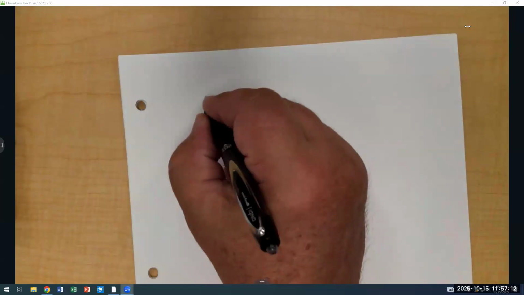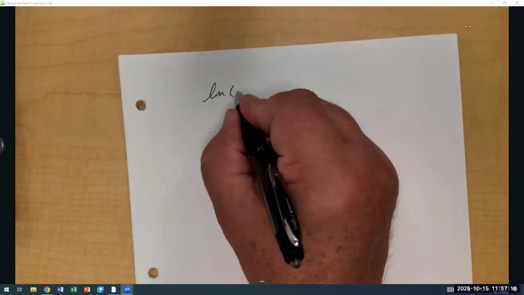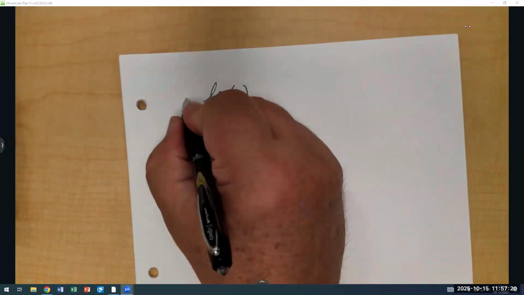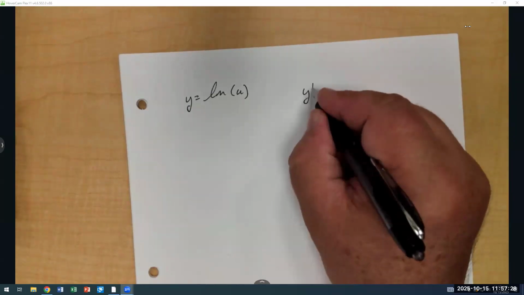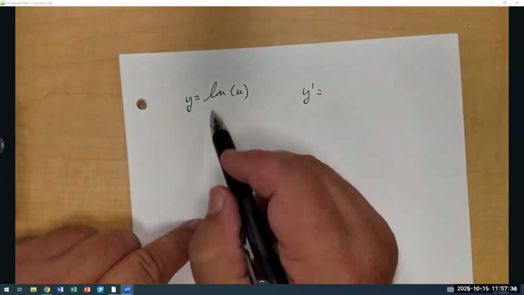We can expand it even further now. ln of u. If y equals ln of u, what would y prime be? Well, it's a composite function. We use the chain rule.